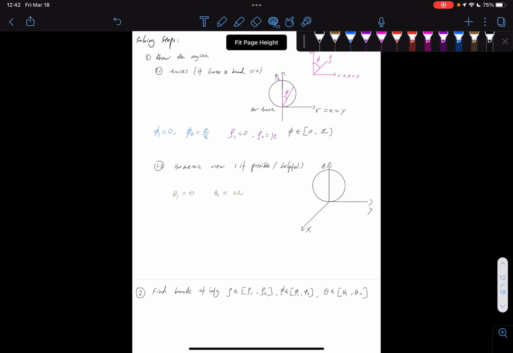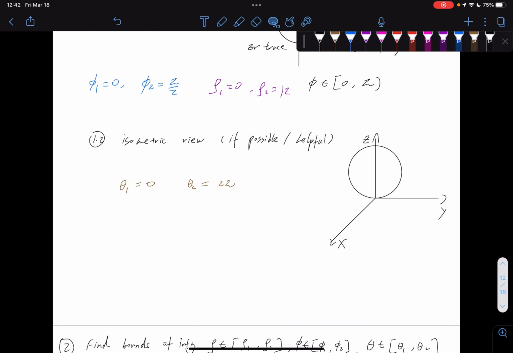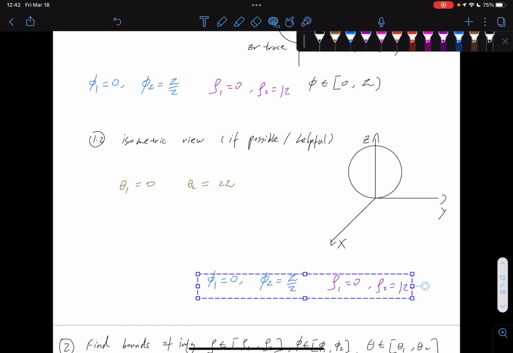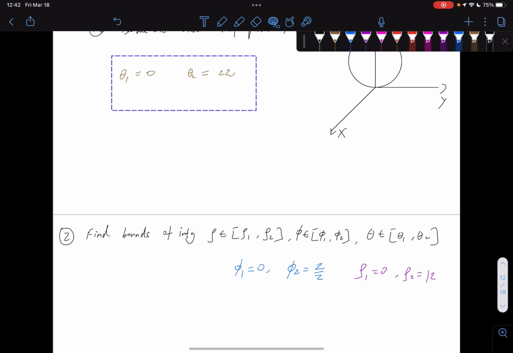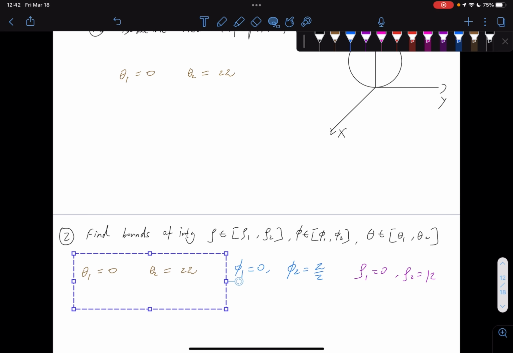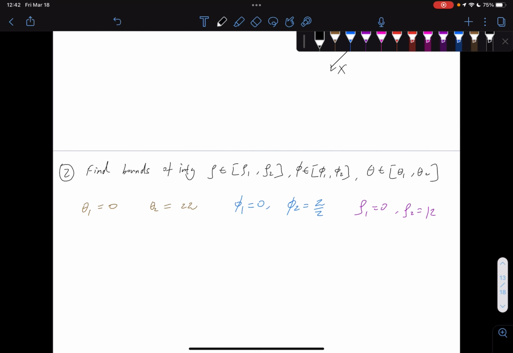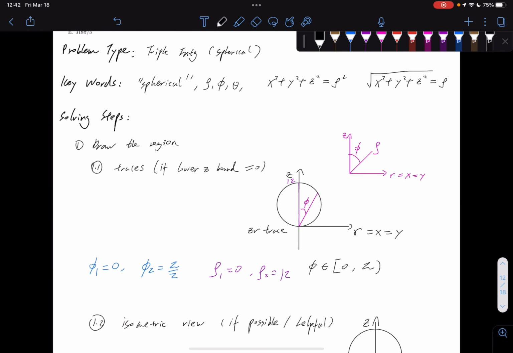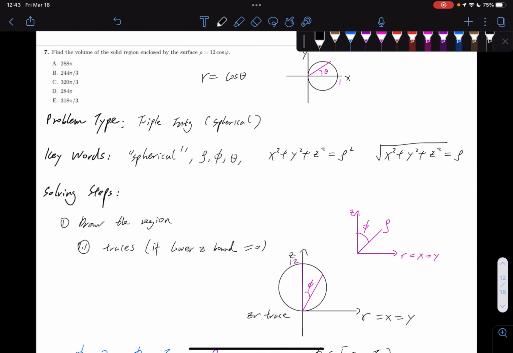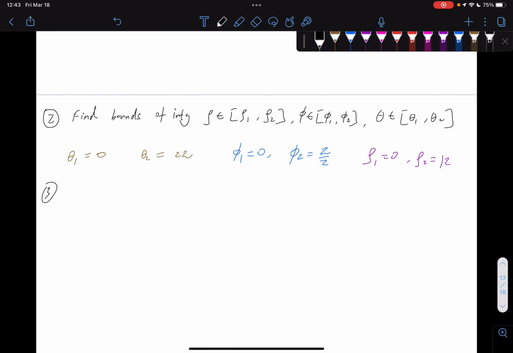So now we can go ahead and put them together, right? We need to find the volume of the solid region, so I'm just going to assemble the integral.